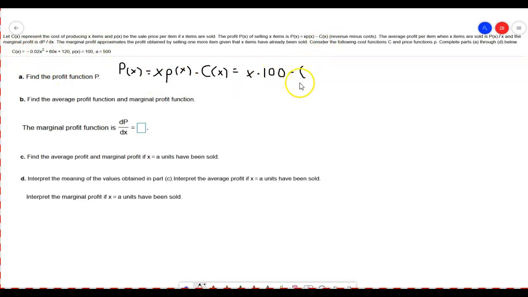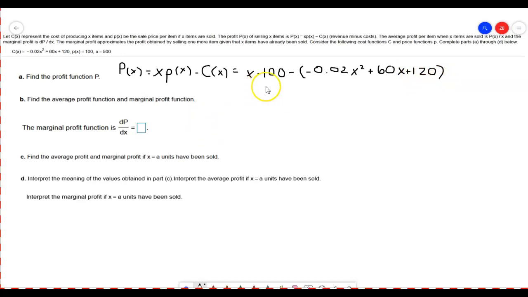Don't forget the parentheses, so that way we don't forget to distribute. So minus 0.02 x squared plus 60 x plus 120, all right?